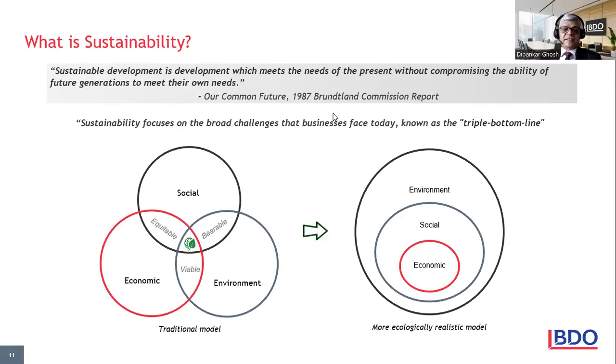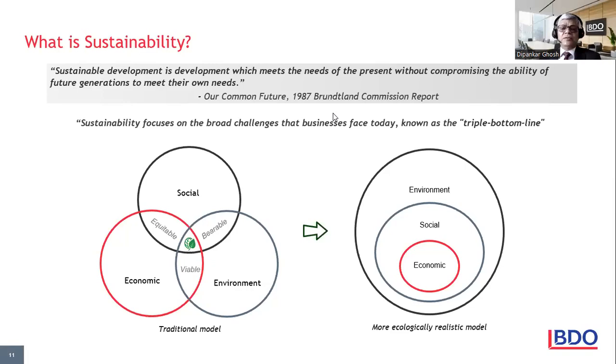And we are seeing all over the world the challenges around that. Moving on to the right side of the diagram, this is the more modern definition, I would say, of sustainability, where the economic benefit is at the center, supported by social activities and environmental activities.